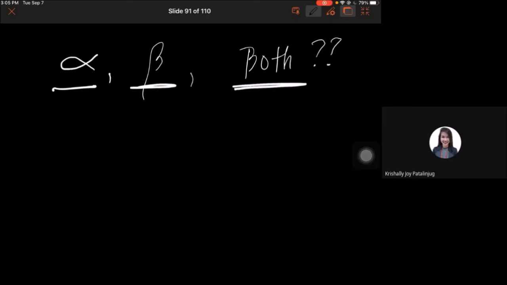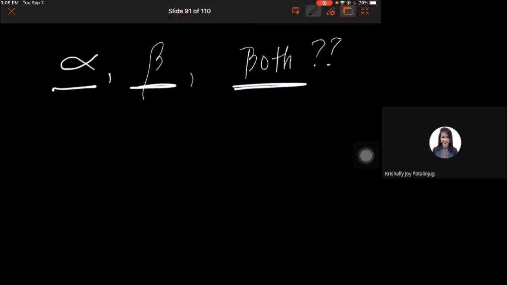Zigzag shape. Tama. Zigzag shape is beta. Kapag spiral, tama. Spiral is alpha. Helical. Helix, so alpha.